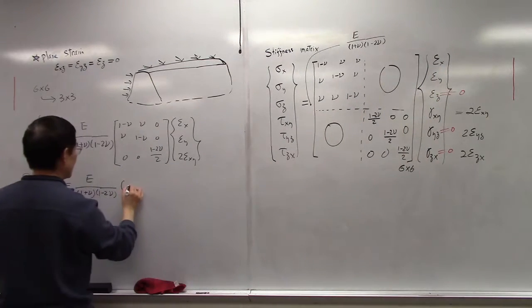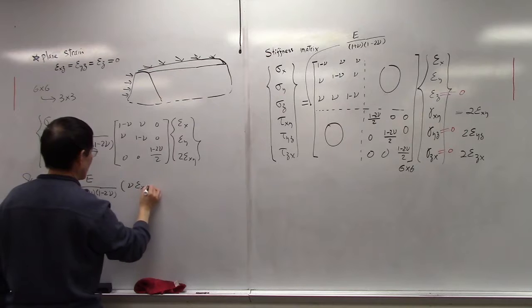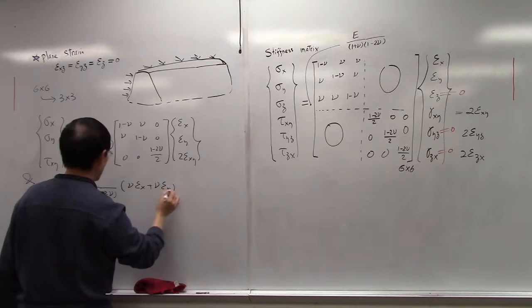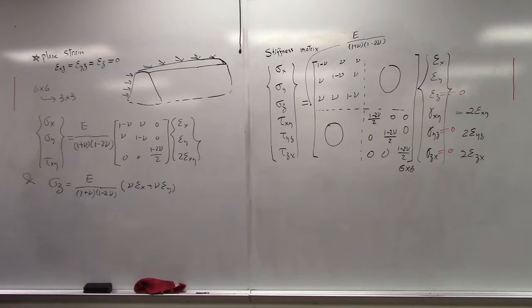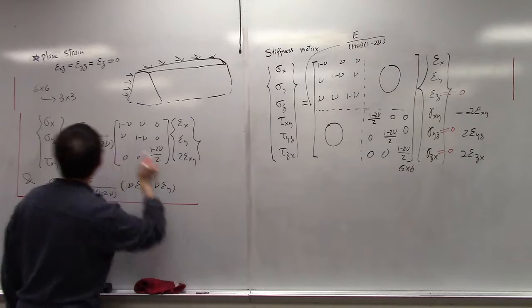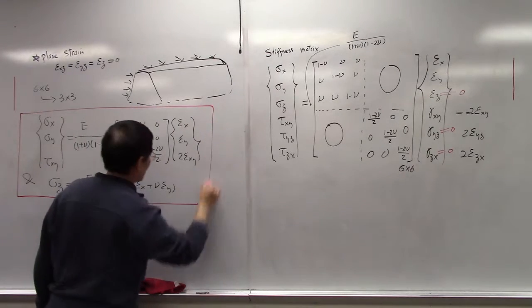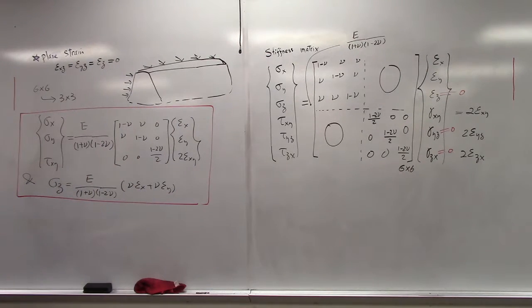Therefore we have nu epsilon x plus nu epsilon y. In fact, we need 4 relations for the plane strain situation.